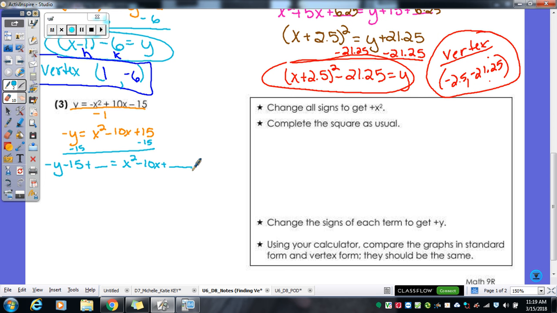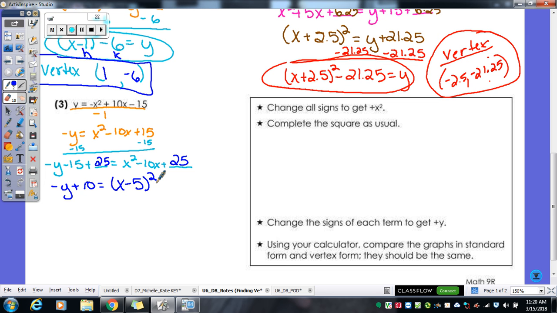What number goes in our space? 25. So over there on my left side I have negative y plus 10 because my negative 15 plus my 25 gives me a 10, equals x minus 5 squared.